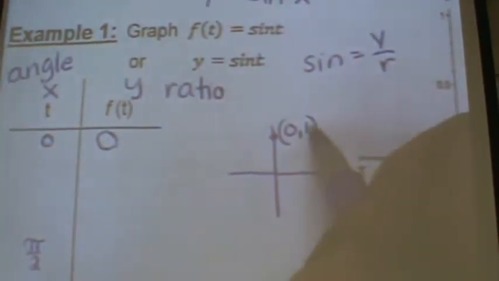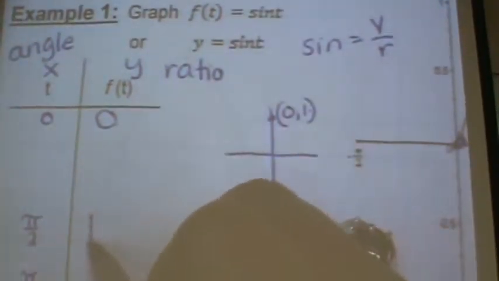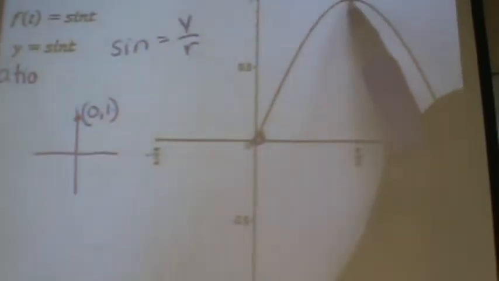Sine is y over r. 1 over 1 is 1. So at pi over 2, we're going to go up 1. That's this point right here. How about pi? Here's pi. Negative 1, 0. What's the y value over the r value? It's going to be a 0. So at pi, we have a 0. That's that point.